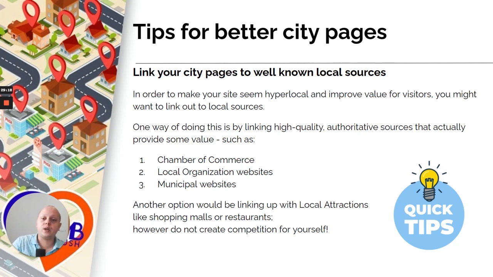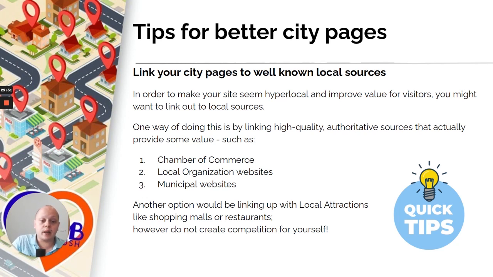Another tip that we can give is to link your city pages to well-known local sources. So what are local sources? In order to make your site seem hyper-local and improve value for your visitors, you might want to link out to local sources. One way of doing this is by linking to high-quality authoritative sources that actually provide some value, such as your Chamber of Commerce or local organization websites, or municipal websites like local government websites.